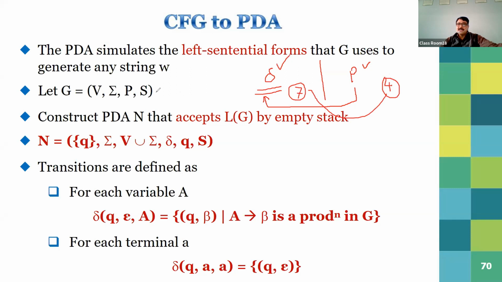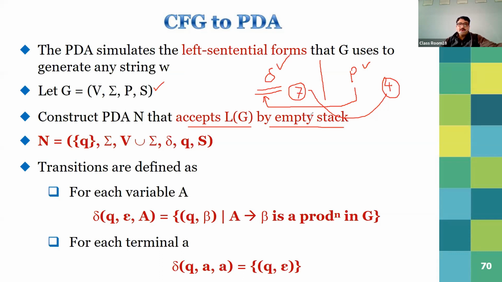Let the grammar be given as V, sigma, P, S, that is 4 tuples, and a PDA can be constructed as per the given production rules, and that PDA accepts the language of that grammar by empty stack. As we already discussed, there is PDA by final state and PDA by empty stack. Here you should note that we are implementing the PDA by using the empty stack.